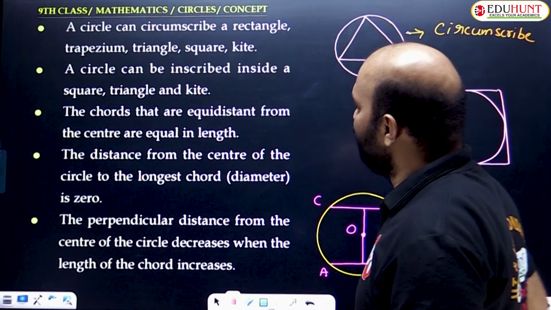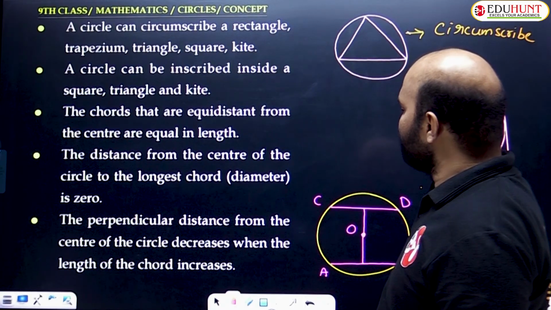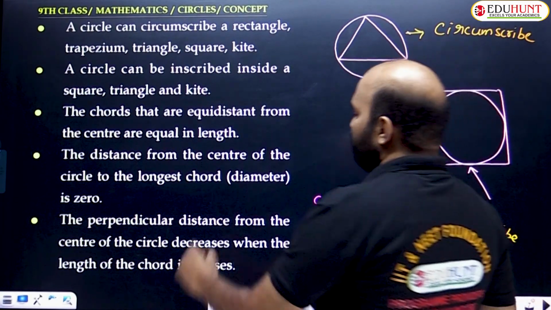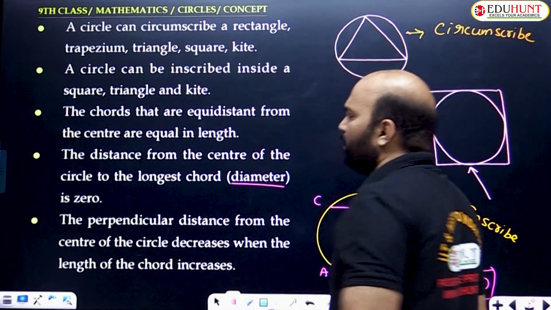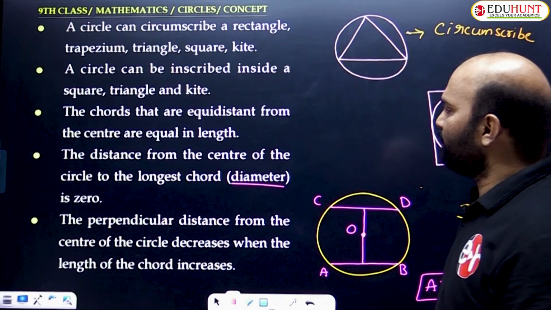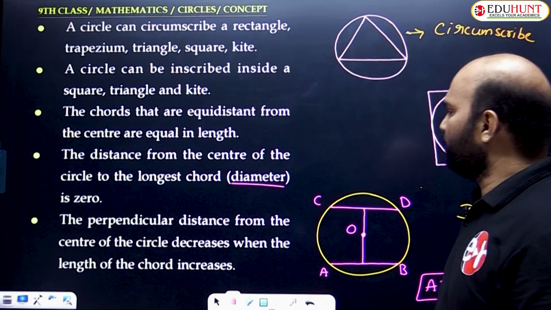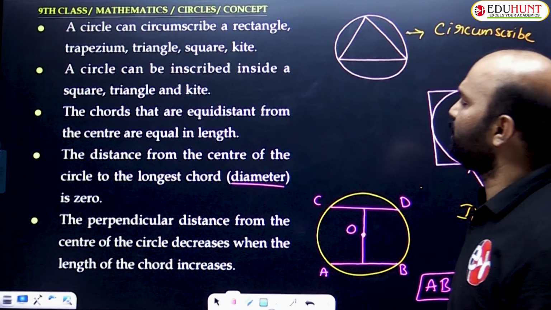Let's go to the next point. The distance from the center of the circle to the longest chord is 0. The longest chord is nothing but the diameter.